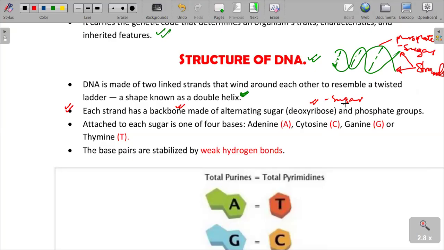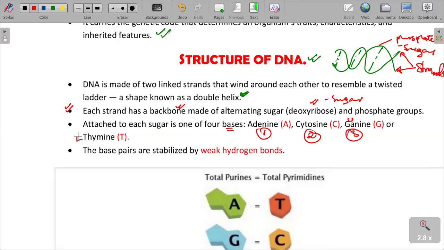Attached to each sugar is one of the four nitrogen bases: one, adenine; two, cytosine; three, guanine; and four, thymine.